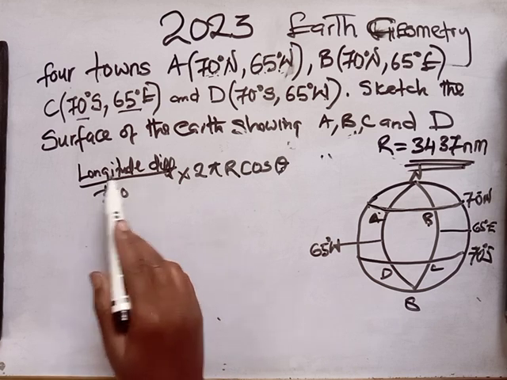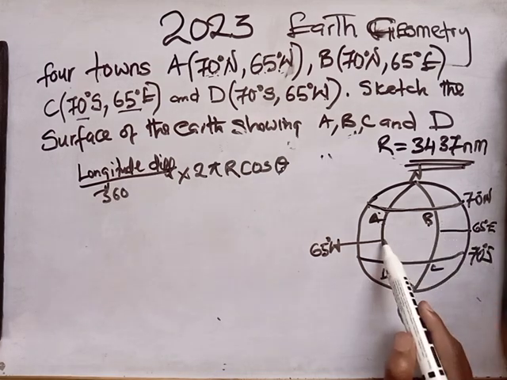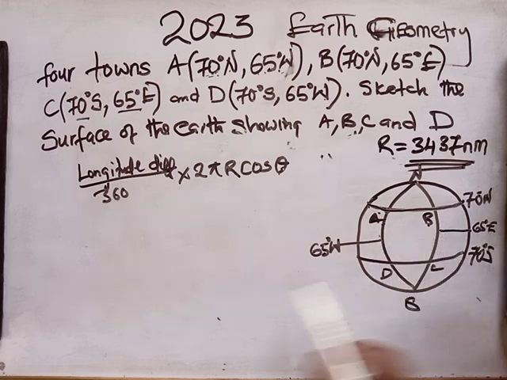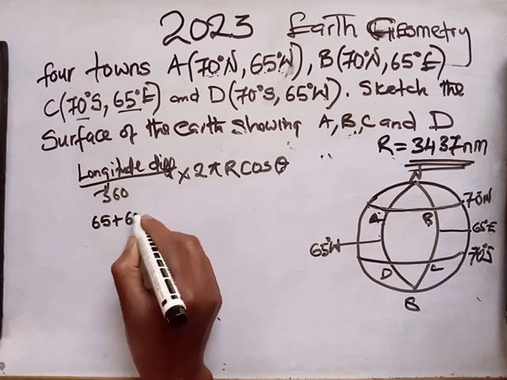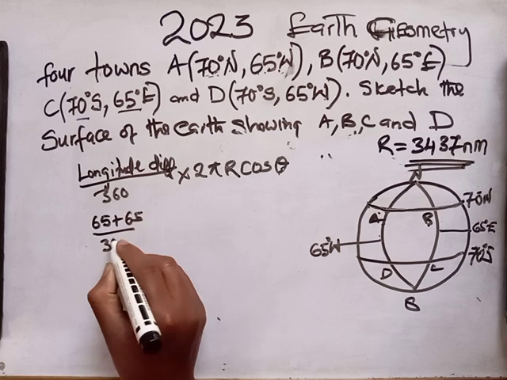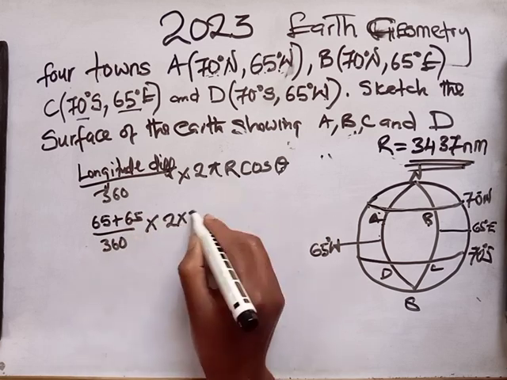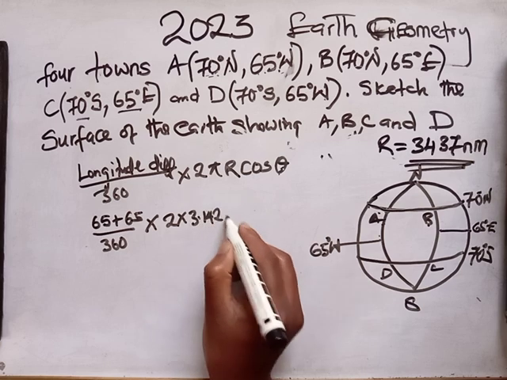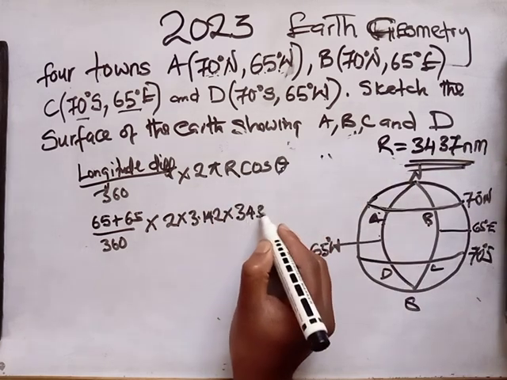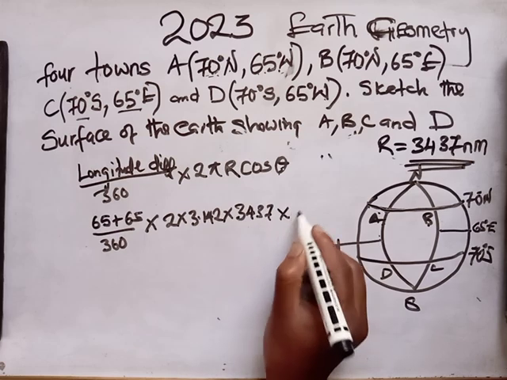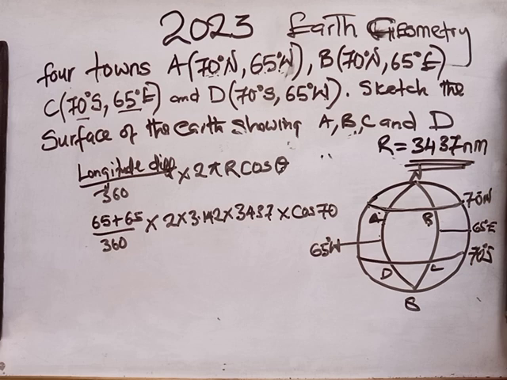The longitude difference: these two are in different hemispheres, so it will be 65 plus 65. So it is 65 plus 65 over 360 times 2 times pi, 3.142, times the radius, 3,437, times cos 70.